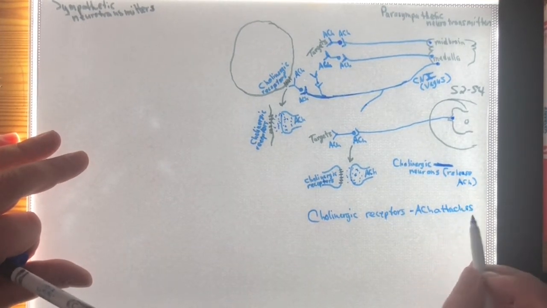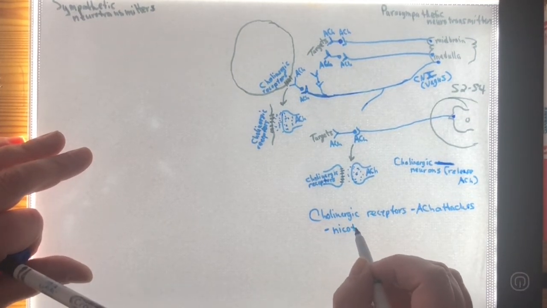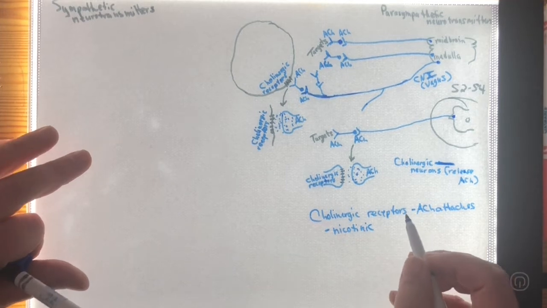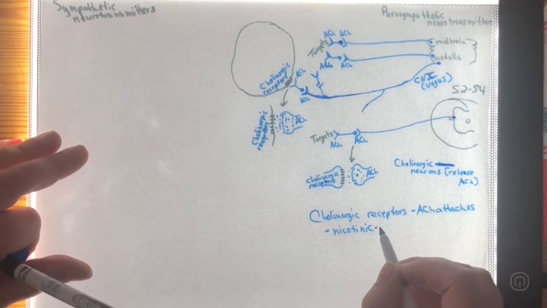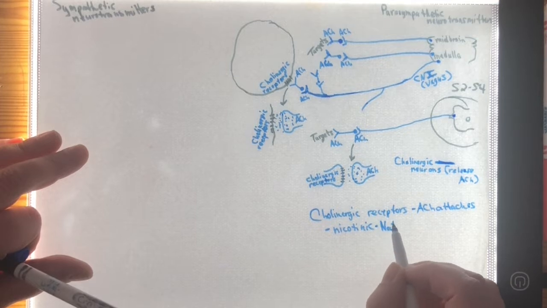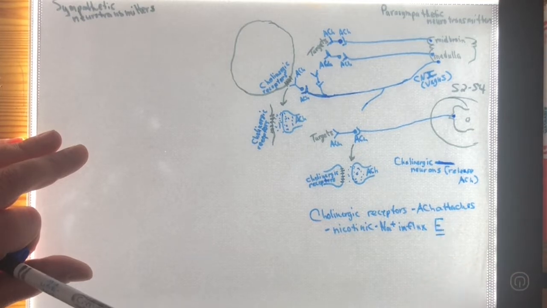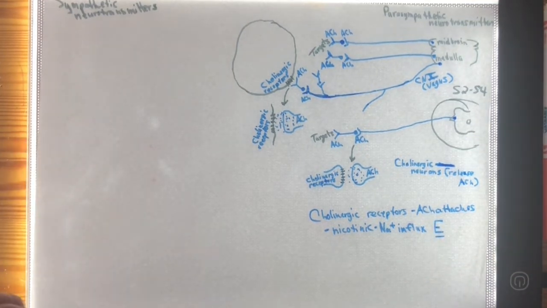So let's talk about the cholinergic receptors. There are two basic types of cholinergic receptors, nicotinic and muscarinic. The nicotinic receptors are very simple. They behave just as neurons that we've studied in the past behave. When acetylcholine binds to nicotinic cholinergic receptors, it's always excitatory because it is always a really simple interaction where sodium ions influx.